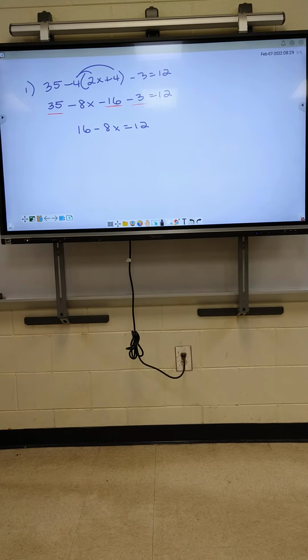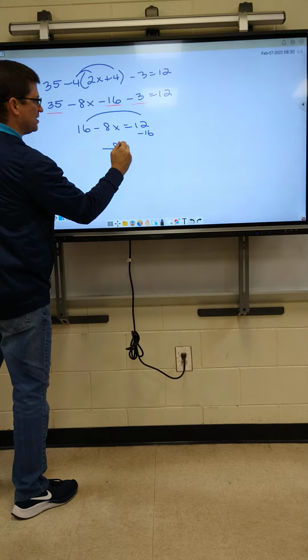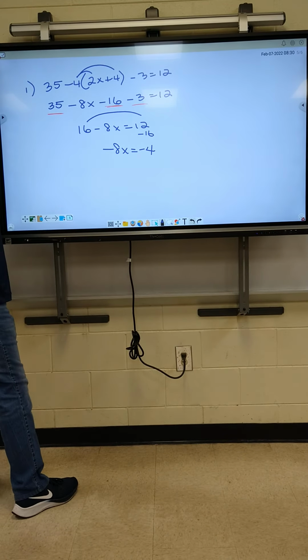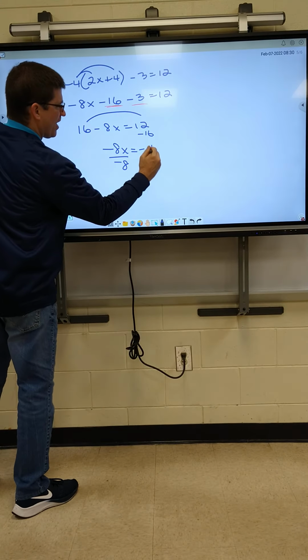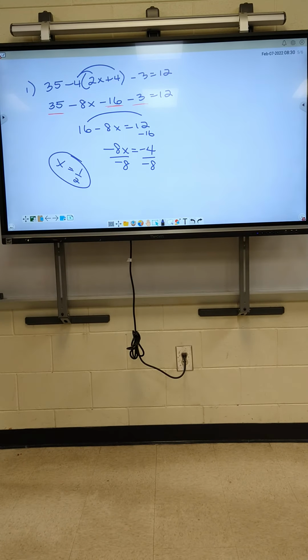What's y'all's answer? Let's check it. If we move over positive 16, that becomes a negative 16. That gives me -4. Last step, what do we divide by? -4 divided by -8 is going to be positive 1/2 for your answer.